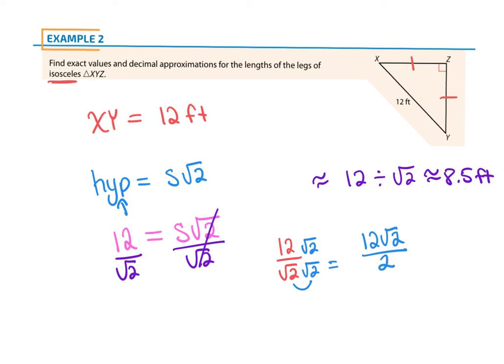Can I simplify either outside numbers or inside numbers? Yes, my outside numbers can simplify. 12 and 2 simplify to what? 6 square root of 2. So these are my answers. This is my rounded, this is my exact answer. Okay? Rounded and exact. Questions on those? Simple enough? Yes.